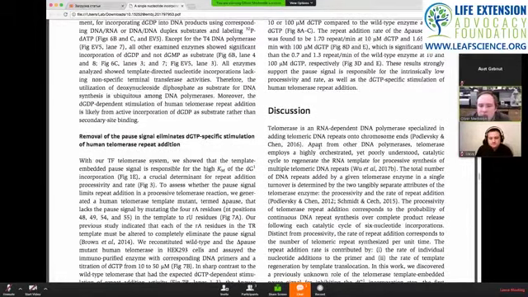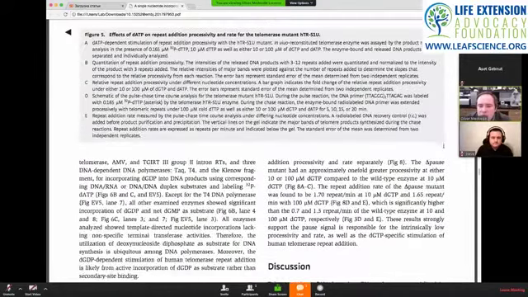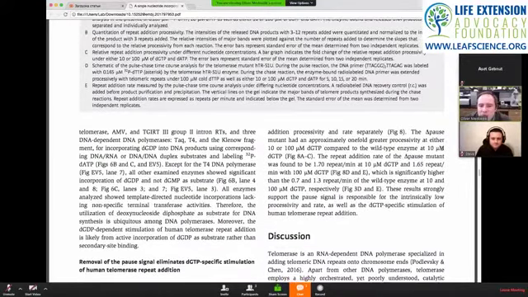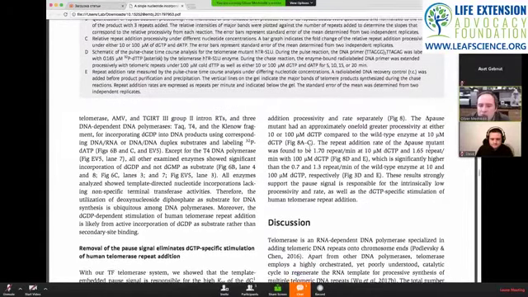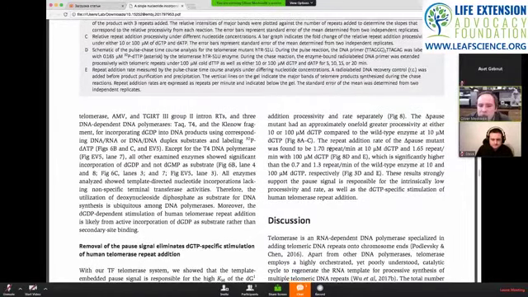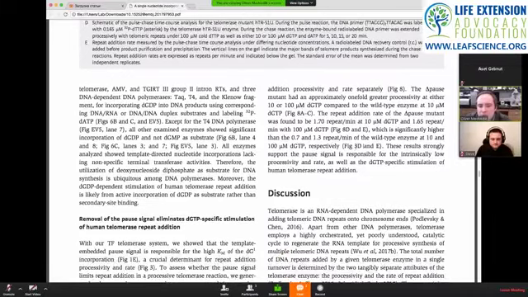Delta pause mutant had an approximately one-fold greater processivity at 10 or 100 micromolar compared to wild type enzyme. Repeat addition rate of delta pause mutant is found to be 1.7 repeats per minute at 10 micromolar and 1.65, which is significantly higher than the 0.7 and 1.3 repeats per minute of the wild type enzyme at 10 and 100. Okay, so yeah, figure 3D and E.